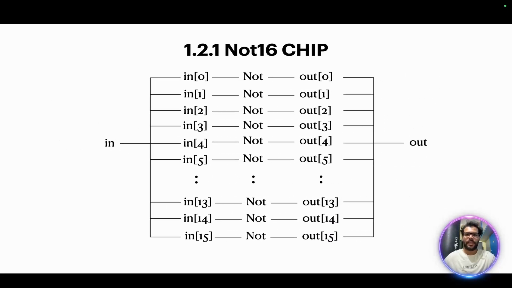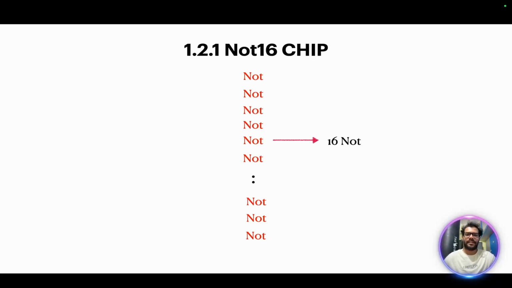So this will be the entire Not16 chip. You see that the input has 16 bits, the output has 16 bits, and you're using 16 NOT chips, or the NOT operation is being performed 16 times. And this 16 is how you get the Not16 name for your chip.